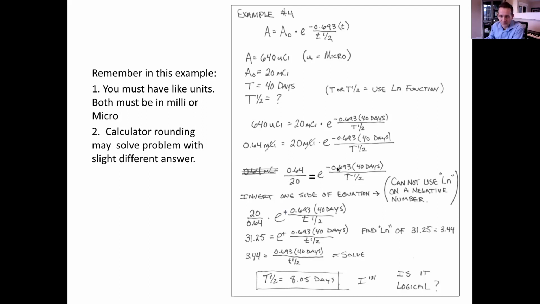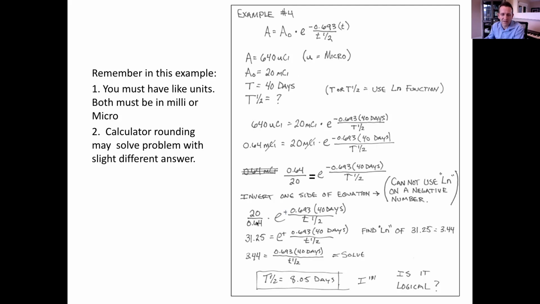All right, now, remember what we did last time. We cannot work with a natural log function on our calculator when we have a negative. So what do we do? We use the algebraic principle that we can flip one side of the equation and it cancels out the negative on the other, okay? So we're going to flip the equation, and I've written it down here.